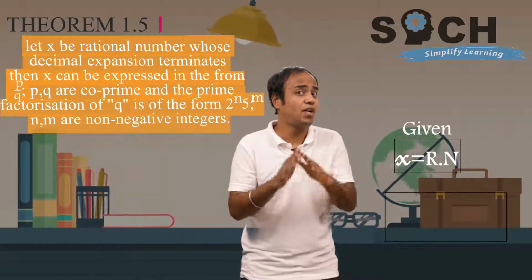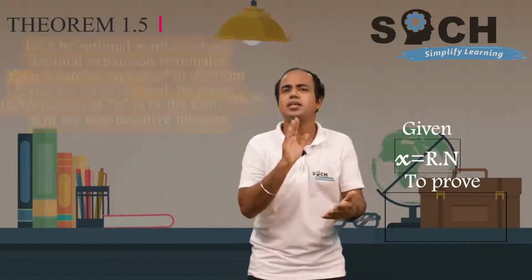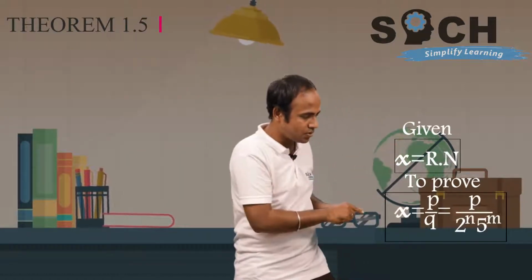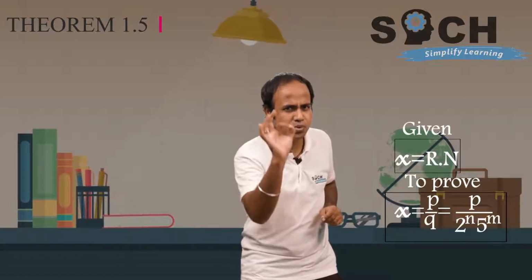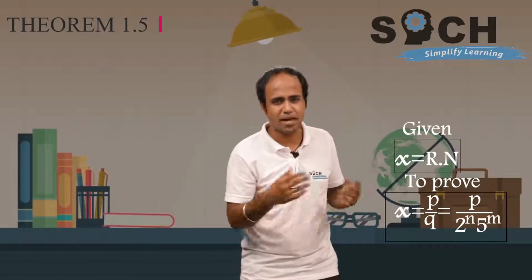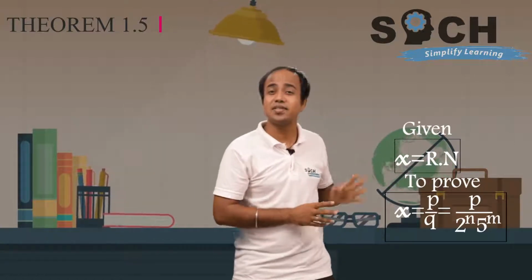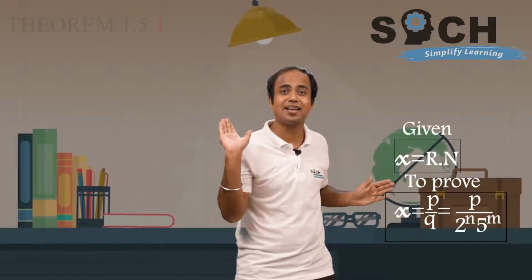And what is to be proved? Whatever comes after 'then' is what is to be proved. Then x equal to p by q, which is equal to p upon 2 raised to n and 5 raised to m.